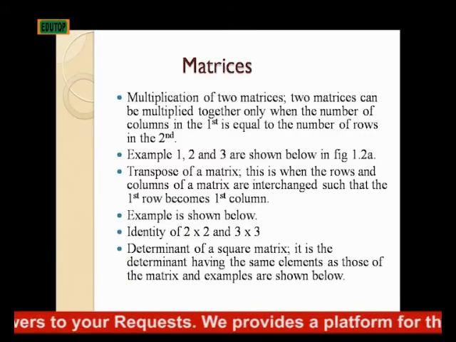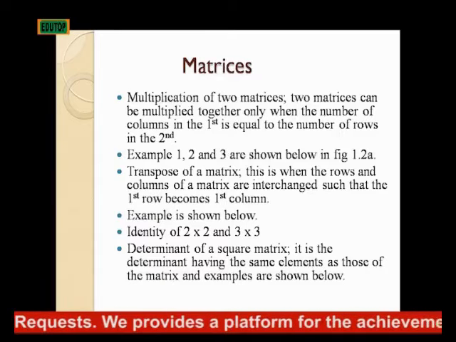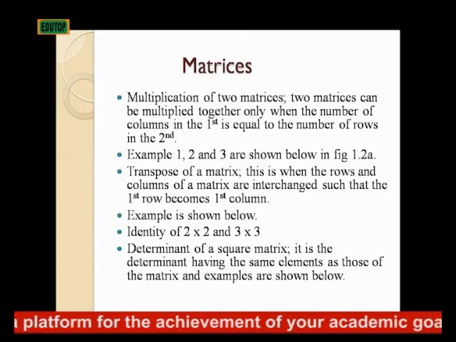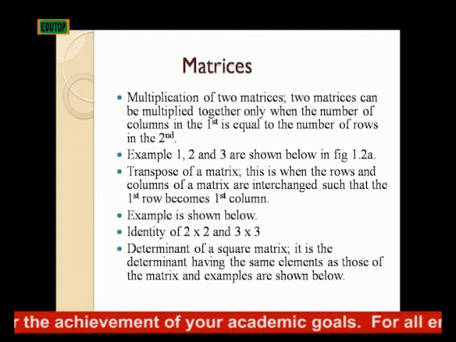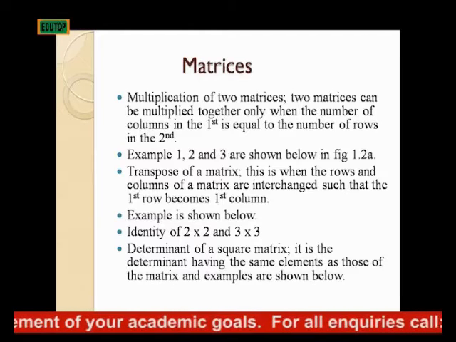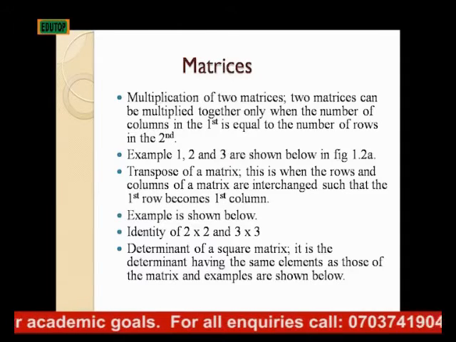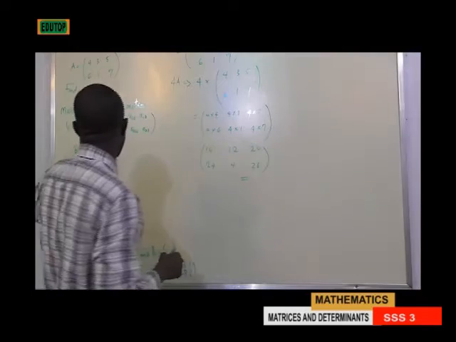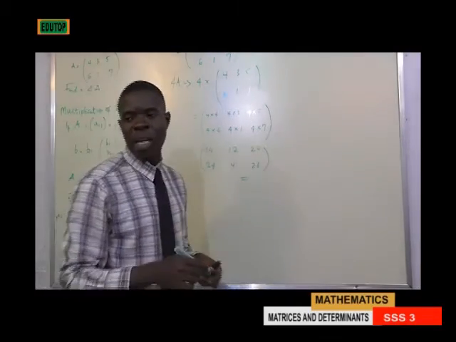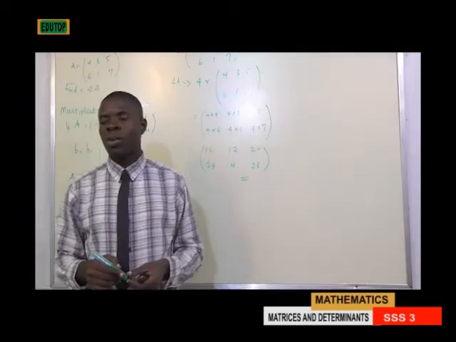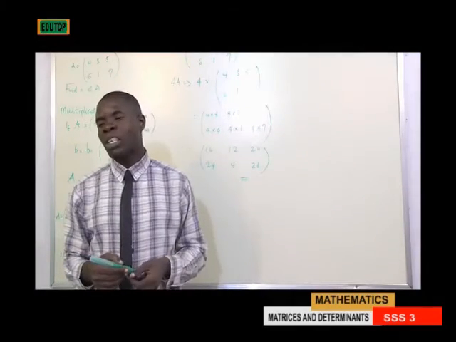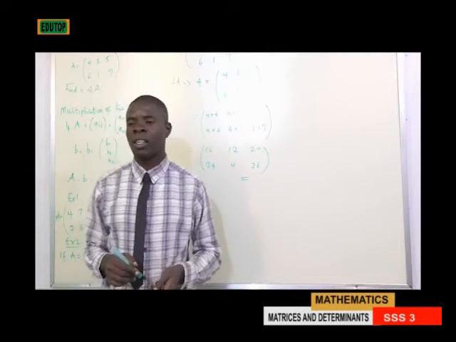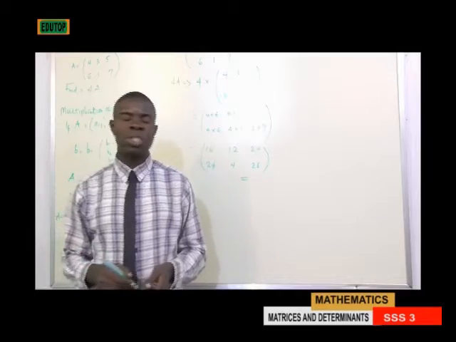Then multiplication of two matrices. Two matrices can be multiplied together only when the number of columns in the first is equal to the number of rows in the second. So what that is telling us is that the condition that can make two matrices to be multiplied by each other is when the number of columns in the first is equal to the number of rows in the second.